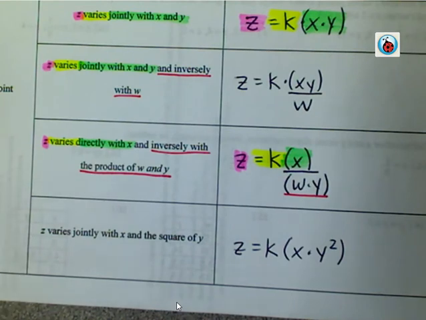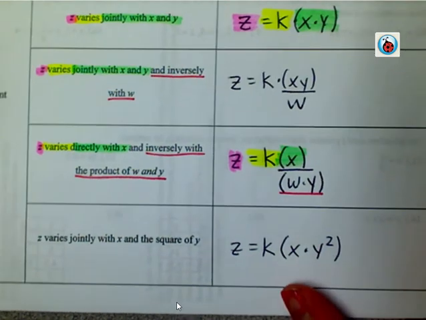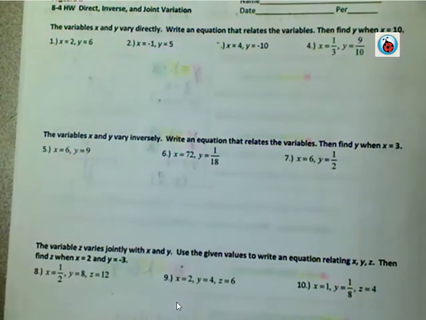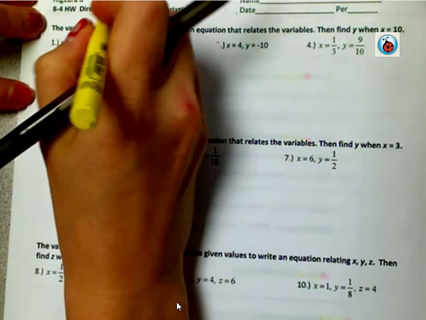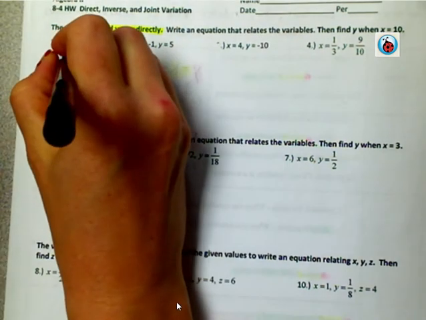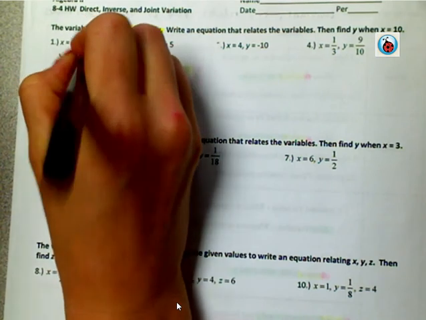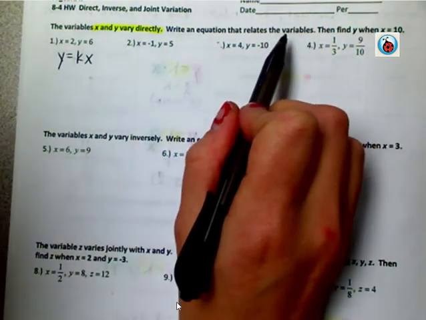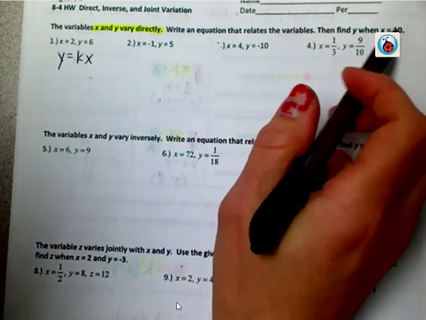Okay, let's do some examples with the new vocab we've learned. The variables x and y vary directly. X and y vary directly. Y equals kx. Write an equation that relates the variables. Then find y when x is 10.